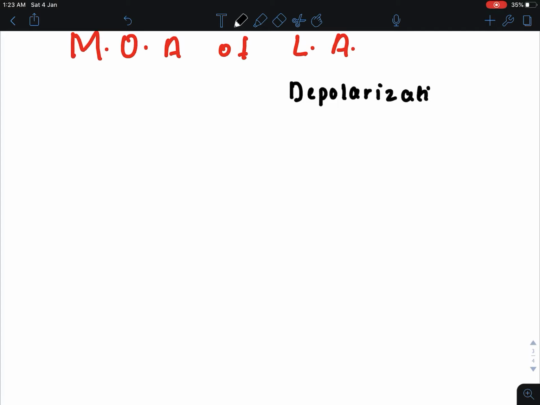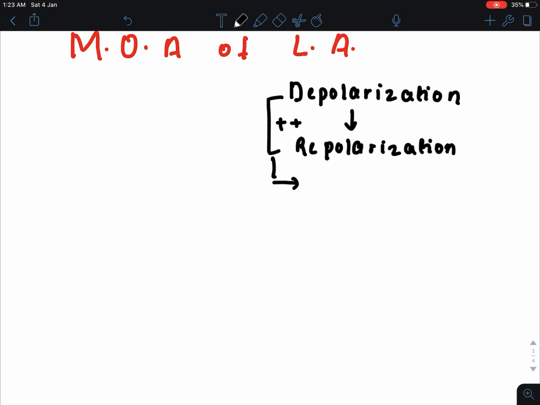After depolarization, repolarization will occur. The continuous depolarization and repolarization leads to generation of action potential, and then sensory nerve conduction will occur, and we have to block this sensory nerve conduction.